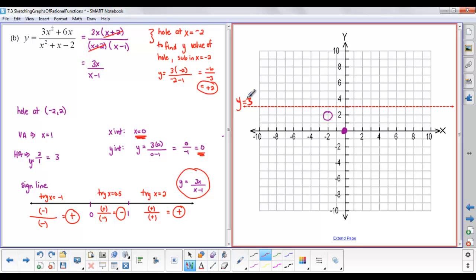And then finally, we have a vertical asymptote at x equals 1. Alright, so now that we have all that information, we can start kind of connecting the dots based on the information in our sign line. So anything from our x-intercept of 0 to the left of it, we know that we are going to have our function above the x-axis because of this plus sign.